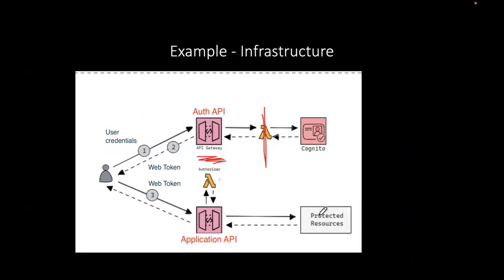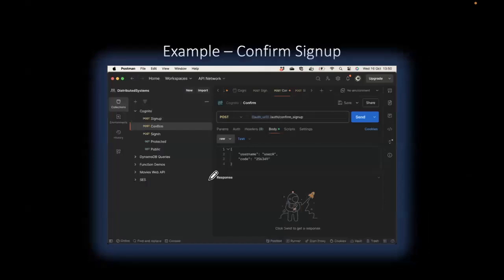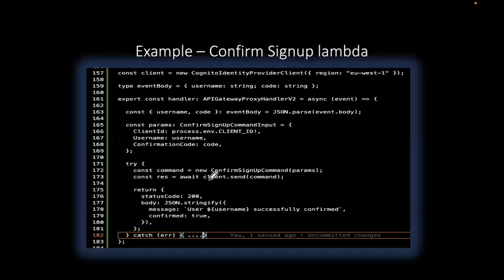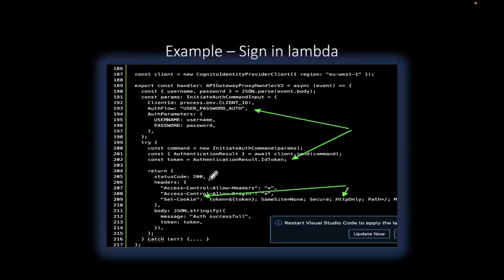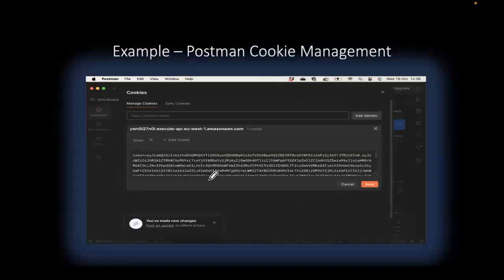But in order to get at the protected functionality, the token that they send has to be, first of all, validated or authenticated. And that is performed by this lambda here, which is kind of the final lambda in our sequence. So let's see, where are we? That's okay. We've looked at that.